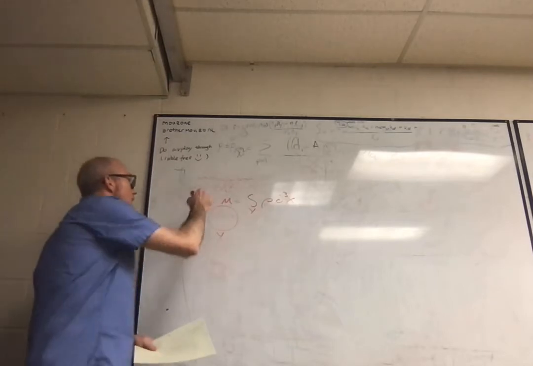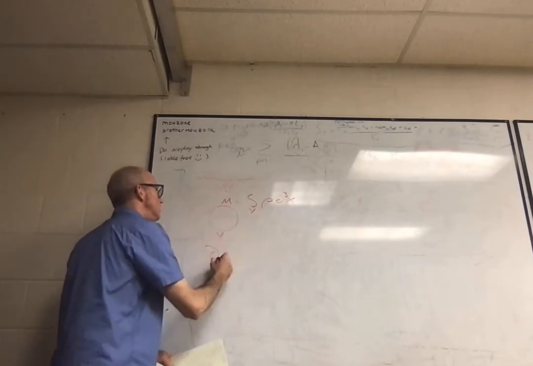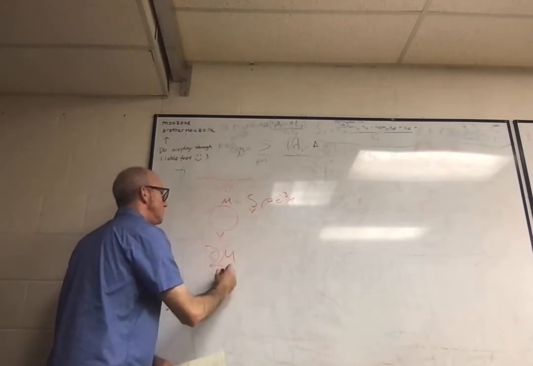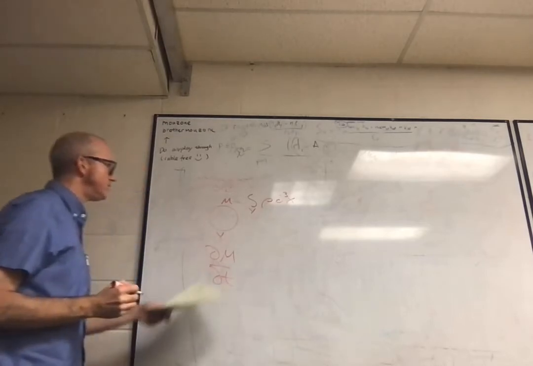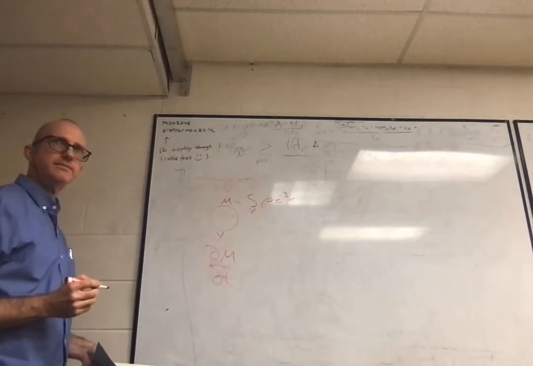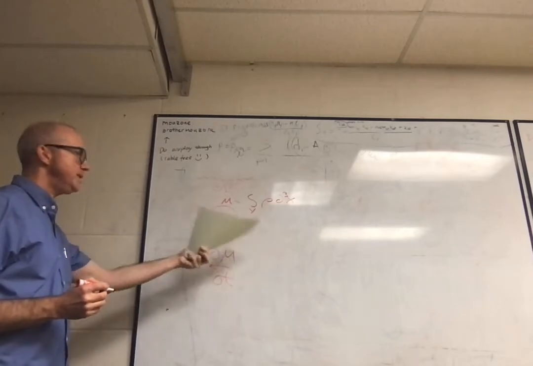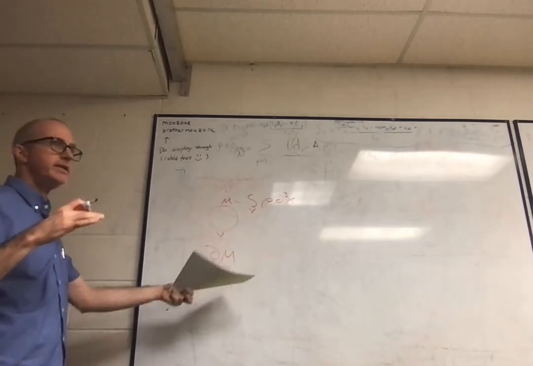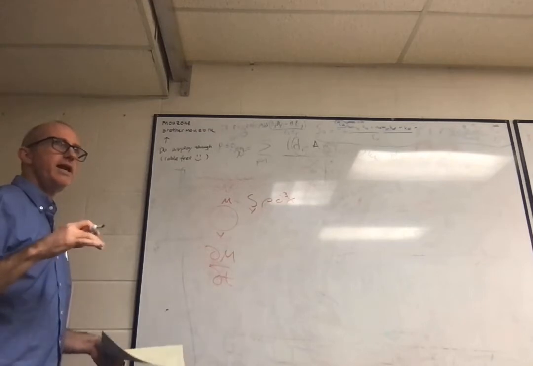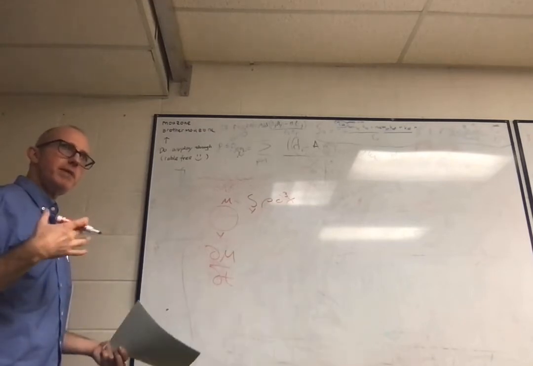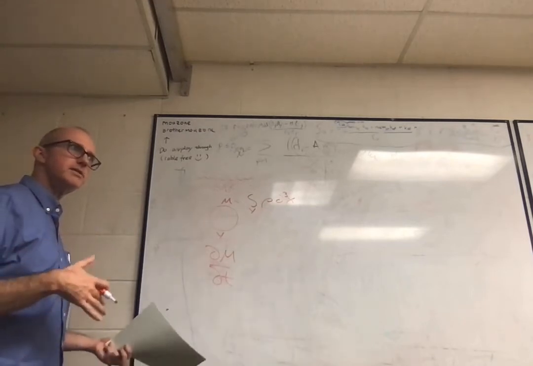So I want to think about the partial derivative of m with respect to t. Now, when you write partial derivative, that means you hold everything other than this quantity fixed. And that matters a lot here because there are many quantities.